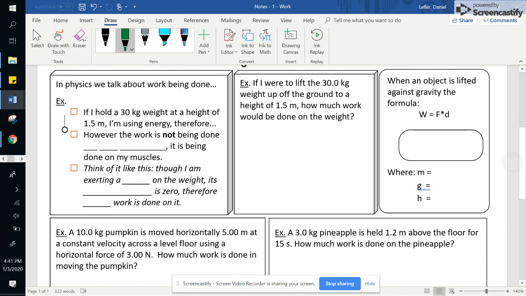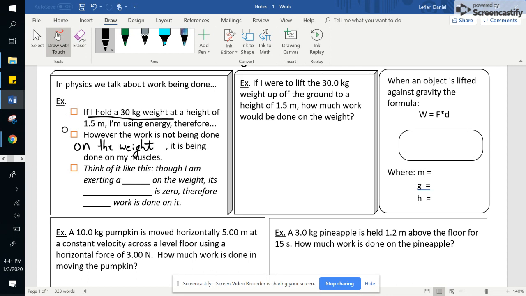All right, so in physics, when we're talking about work being done, if I hold a 30-kilogram weight at a height of 1.5 meters, you could technically say I am using energy. However, the work is not being done on the weight. It's being done on my muscle.